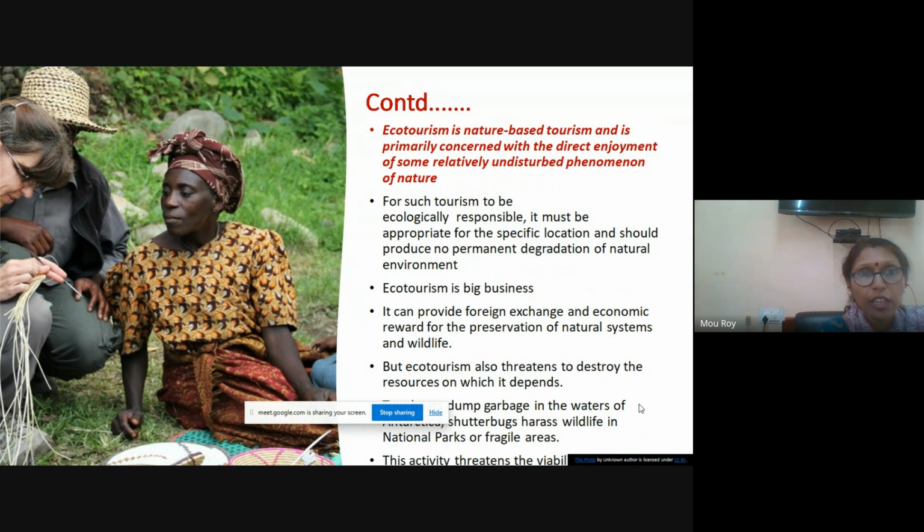Whereas homestays, which are usually located in ecotourist destinations, give you the feeling of that particular area, where you will have the opportunity to taste the culture and the food of that area. It would also help you interact with the local community of that area. So slowly and gradually, ecotourism is becoming a big business for people.